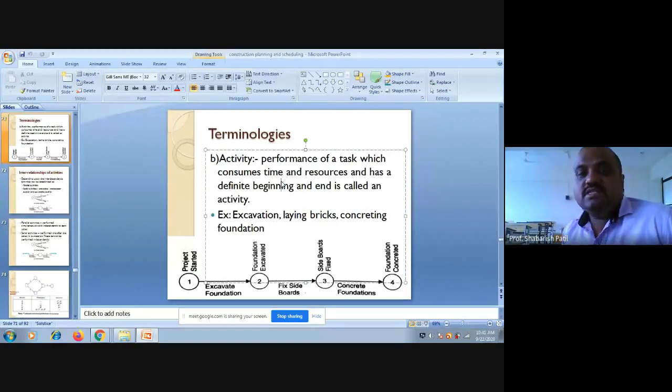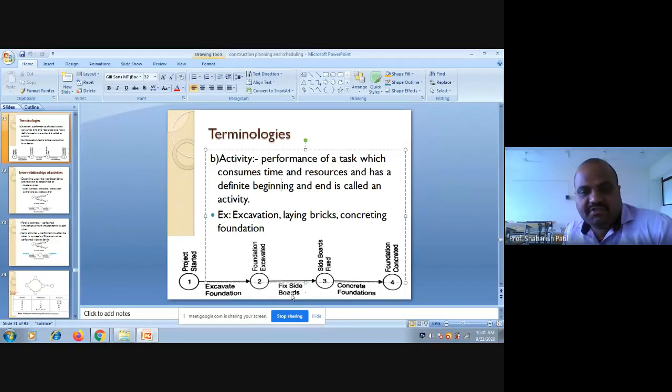Next terminology is activity. Activity means the performance of a task which consumes both time and resources and has a definite beginning and end. Like excavating work here. 1, 2, 3, 4. These are events. And excavate foundation is an activity between the events 1 and 2.